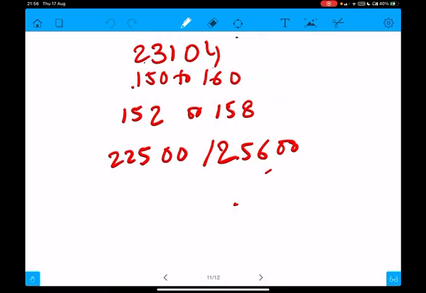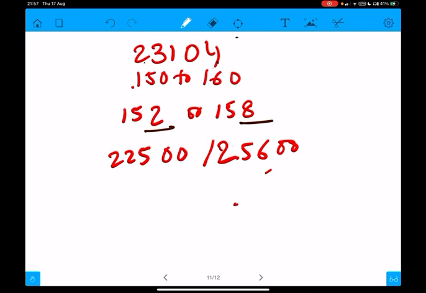Let me give another example. 23104. 23104 ends with 4, so the last digit has to be either 2 or 8. And it has to be between 150 and 160. 15 5s are 225. 15 square is 22500. 16 square is 25600.